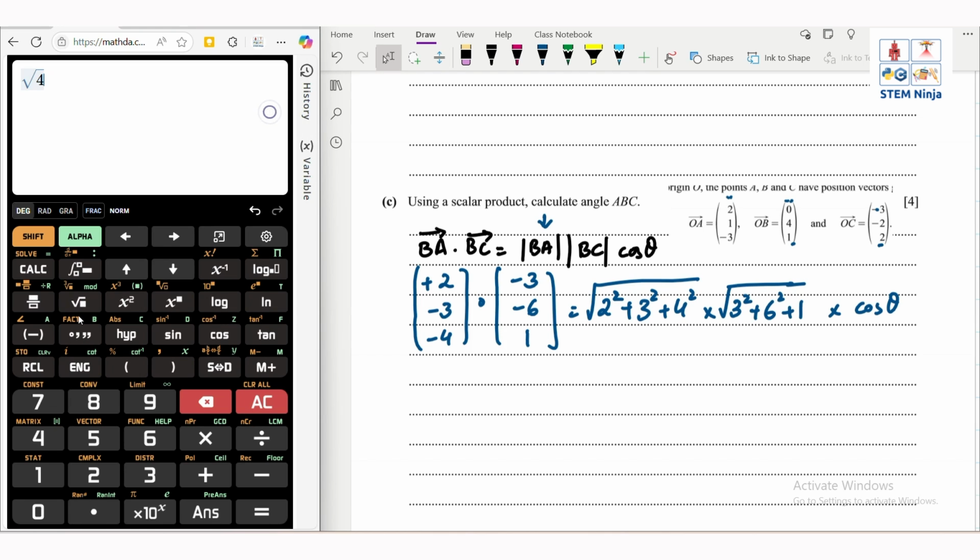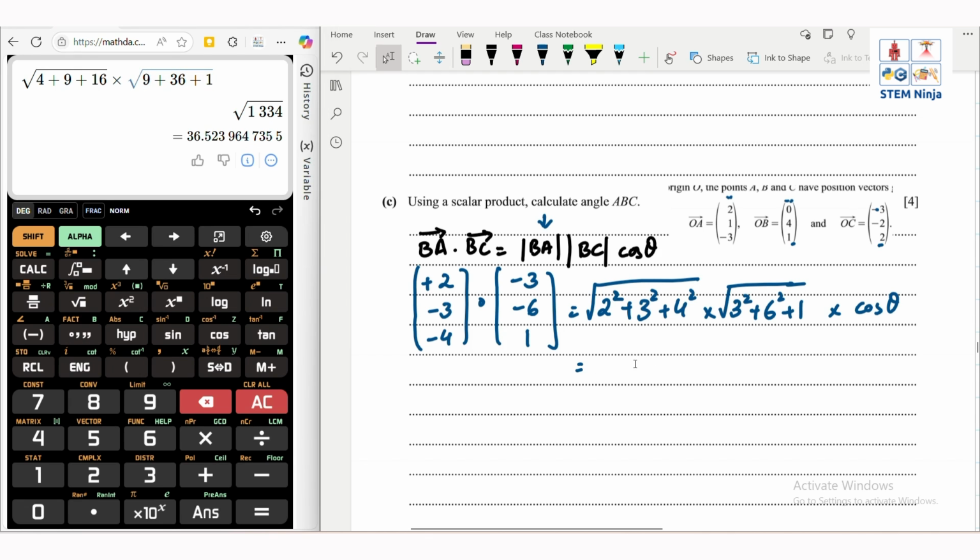So 4 plus 9 plus 16 times by square root of 9 plus 36 plus 1, that is root 1334, cos theta, and the left side dot product minus 6, 18 minus 4.